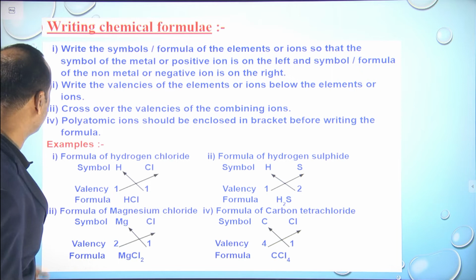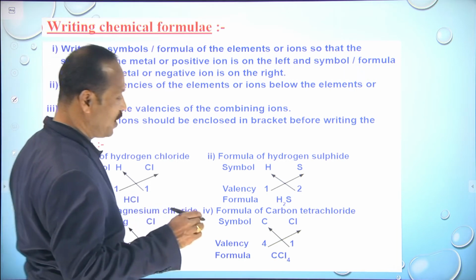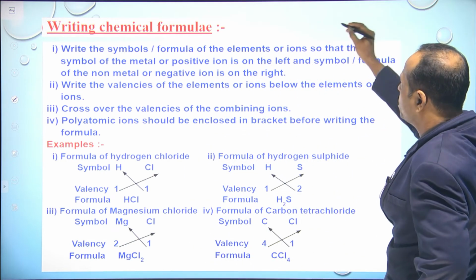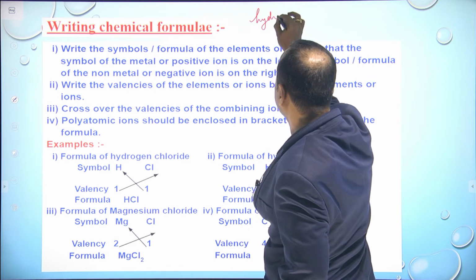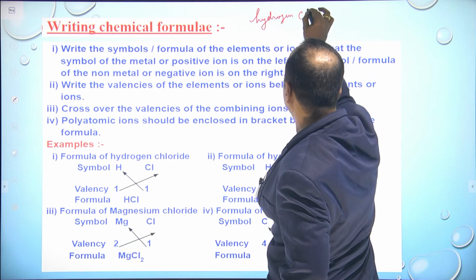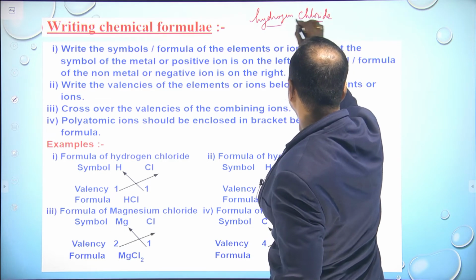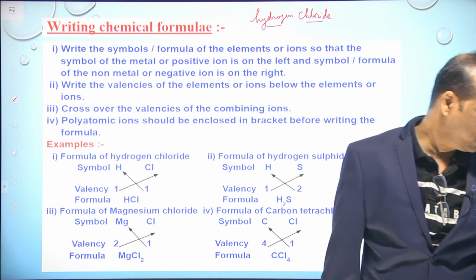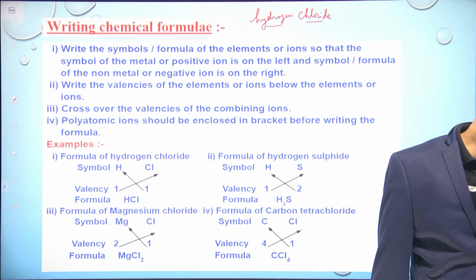If I want to write the chemical formula of hydrogen chloride, which is there on the board, I will first explain that. First you have to write the symbol of hydrogen, then you have to write the symbol of chlorine. Symbol of hydrogen and the symbol of chlorine.